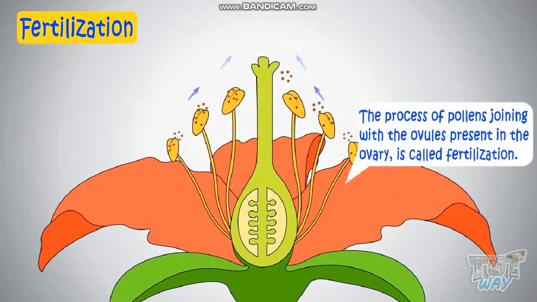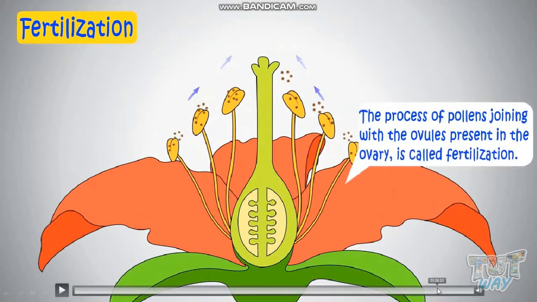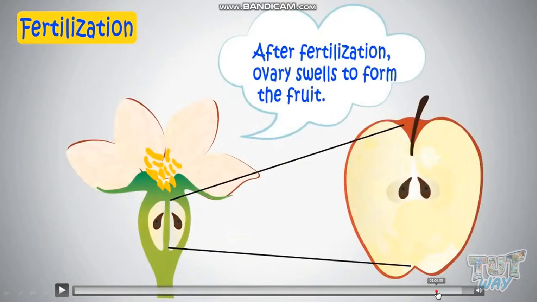This process of pollens joining with the ovules present in the ovary is called fertilization. Again I am repeating, the process of pollens being joined with the ovules present in the ovary is called fertilization. So this is how fertilization happens.